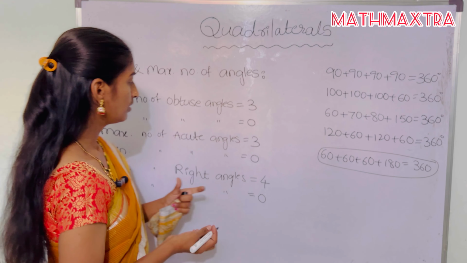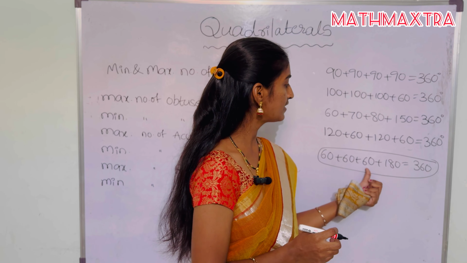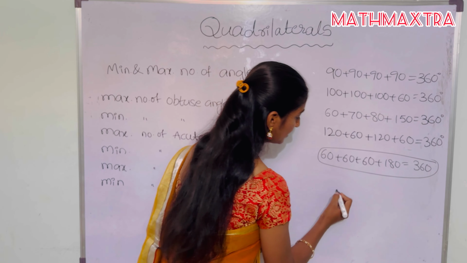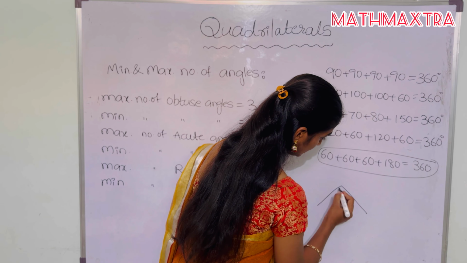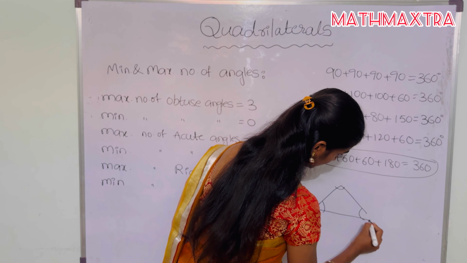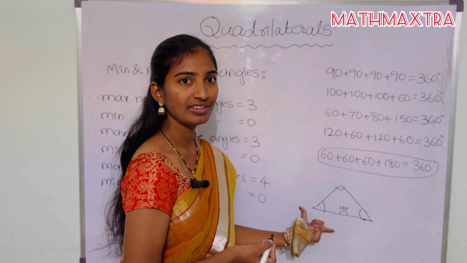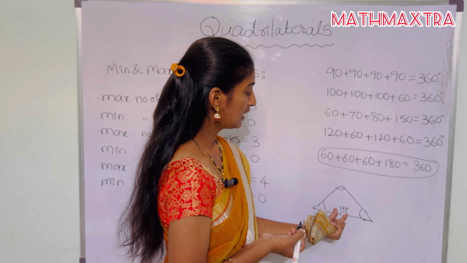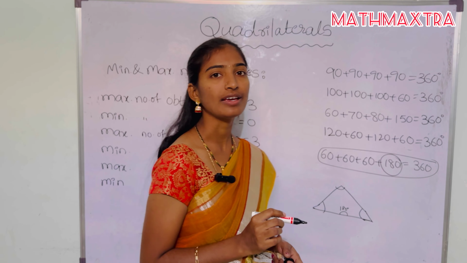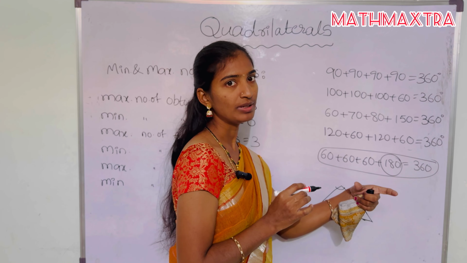Now, we'll come to this case. Is there a chance of having a 60, 60, 60, 180 degrees quadrilateral? So, 60, 60, 60 and so this is 180 degrees. Is this a quadrilateral? No, right? Because this is a straight angle. So this straight angle is not possible in case of a quadrilateral. So either it should be greater than 180 degrees or it should be less than 180 degrees.